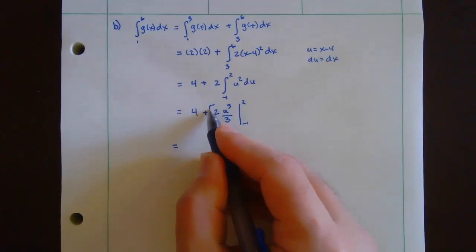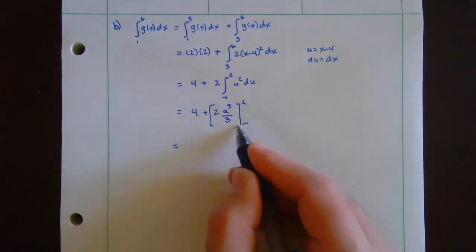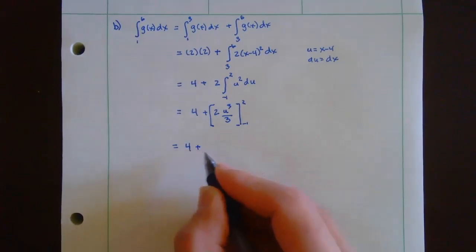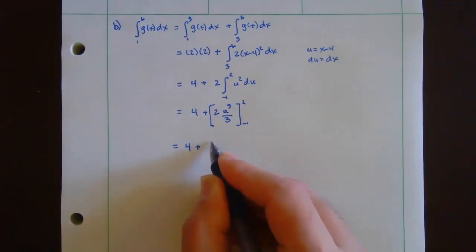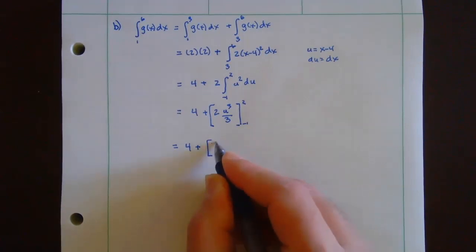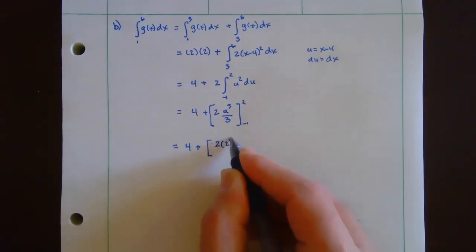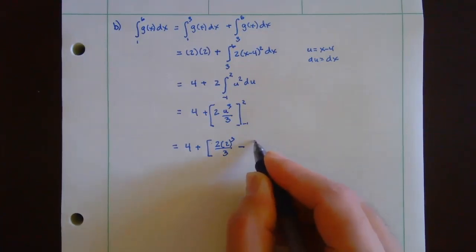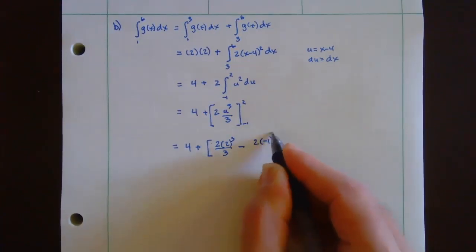Because that's where the integral is, actually I should do this to make it clear. So this is 4 plus 2 times 2 cubed over 3 minus 2 times -1 cubed over 3, close my bracket.